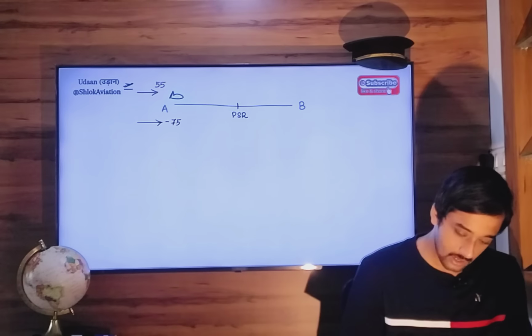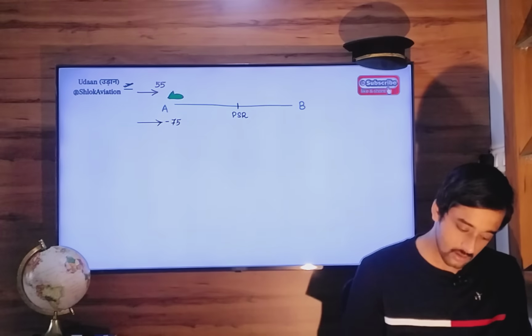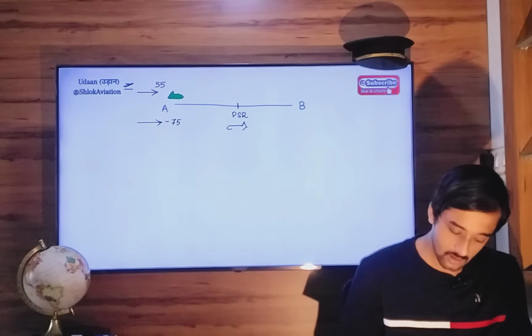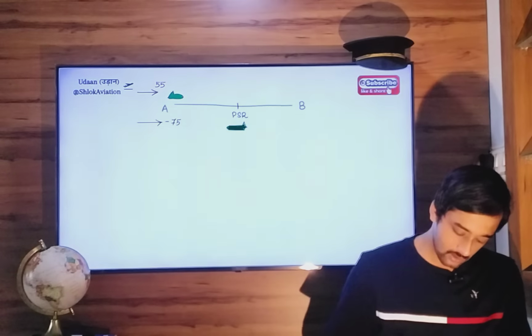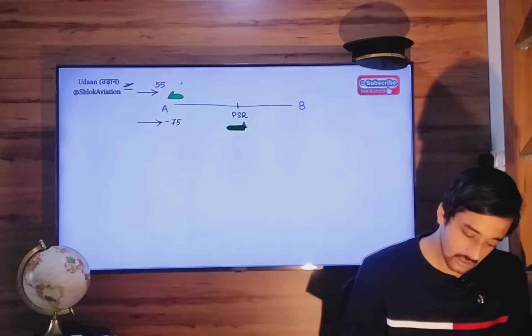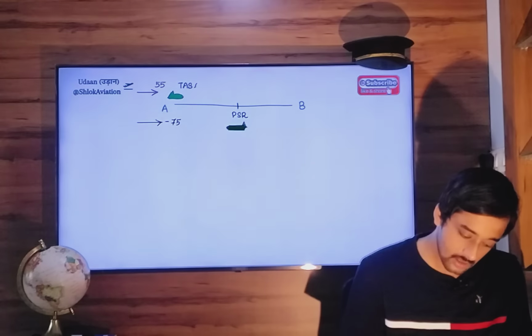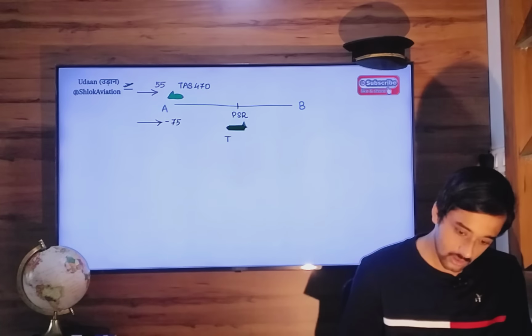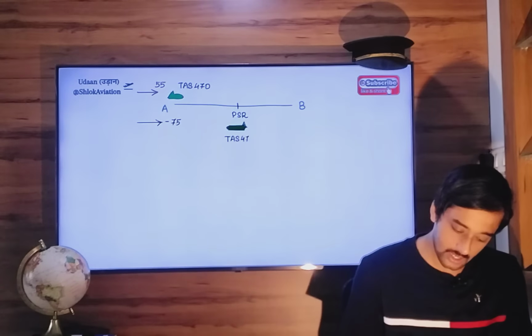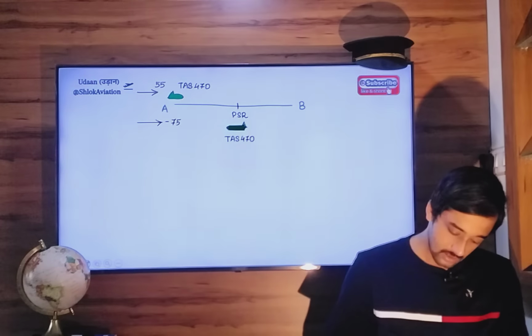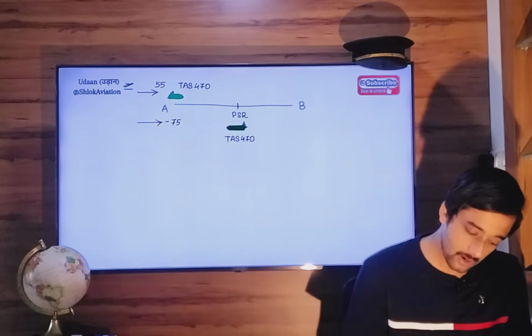Here is your aircraft. The true airspeed of this aircraft is 470. What will be the outbound ground speed?